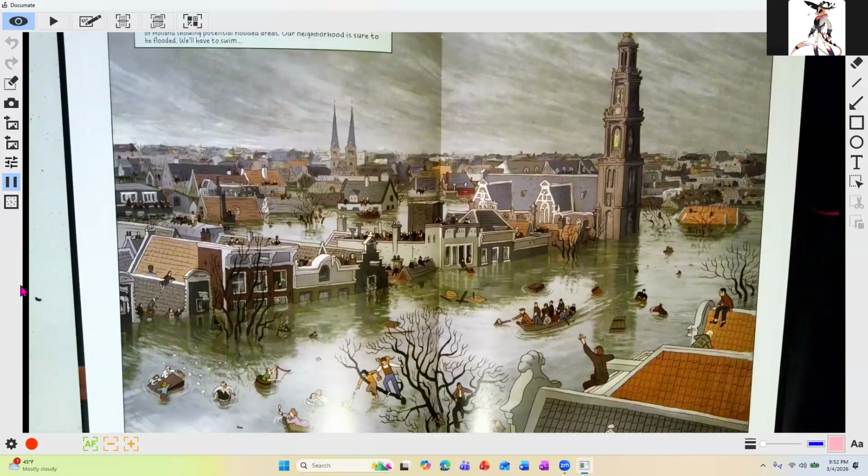Because what we see here is people escaping on boats. It looks to be like a flood came in. Obviously the text says anything to prevent it, even flood the country. So it looks like the country has flooded, and we're going to see people trying to escape.